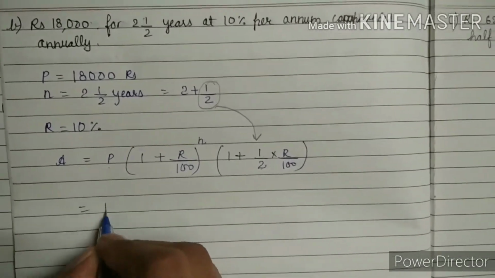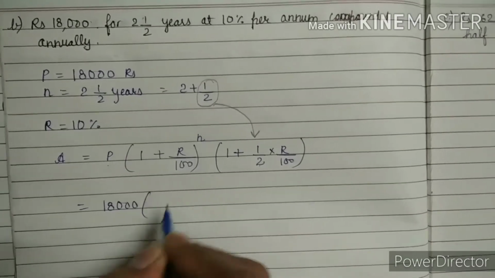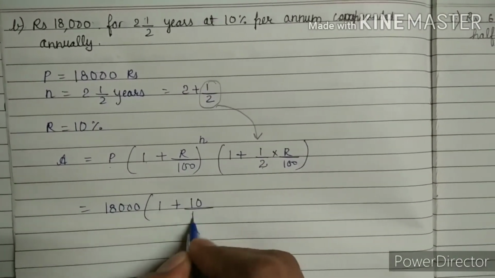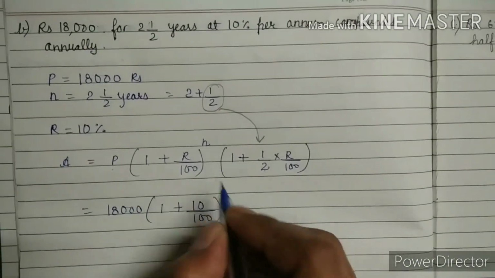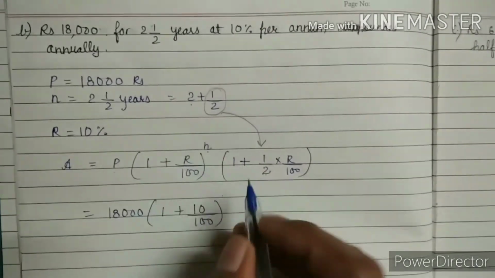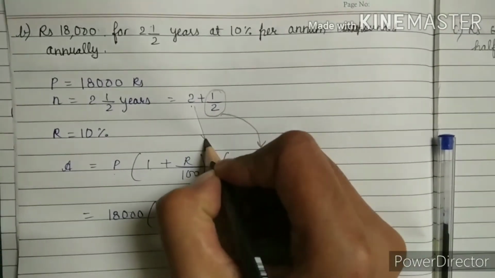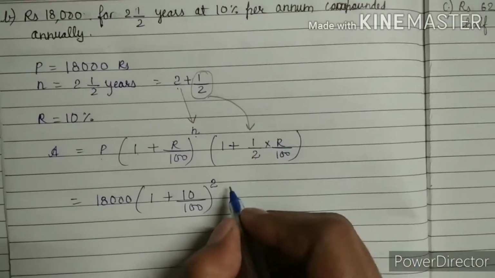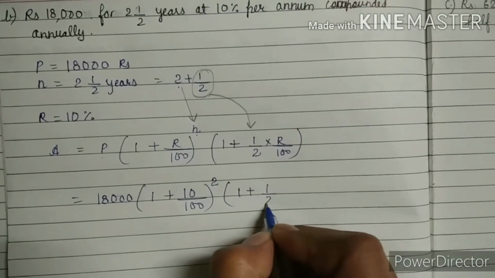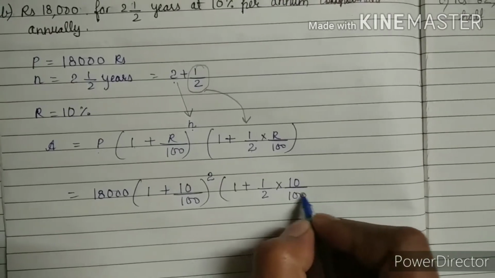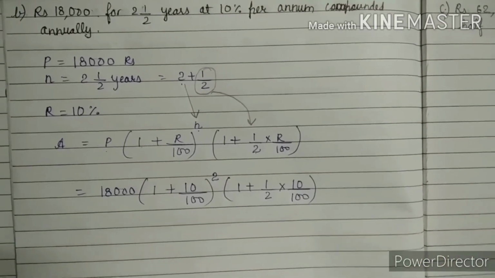Now principal amount is 18,000. Rate of interest is 10 divided by 100. Now this n is the whole part, so here 2 will come, this 2 will come on this place. And here 1 plus 1/2 multiplied by rate of interest, 10 and 100, bracket close.